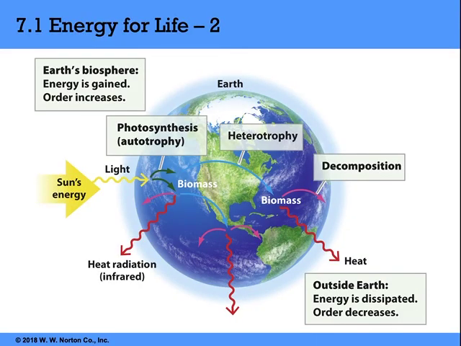Okay, so the ultimate source of life energy for the planet comes from the sun. The sun produces electromagnetic radiation, which covers a wide range of wavelengths.